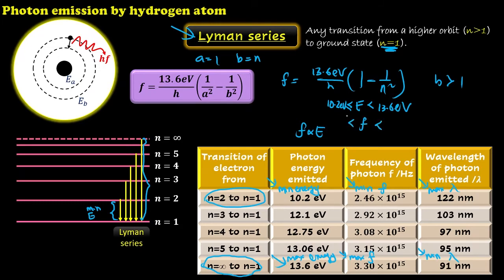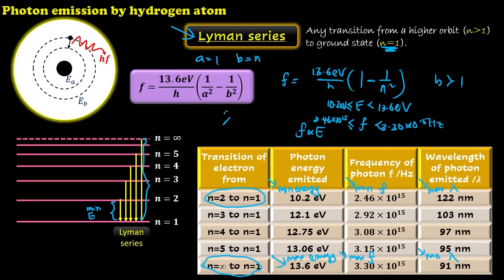Then for frequency, it falls between 2.46 times 10 to the power 15 and 3.30 times 10 to the power 15 hertz. So in other words, the frequency of the photons for the Lyman series is in this range.